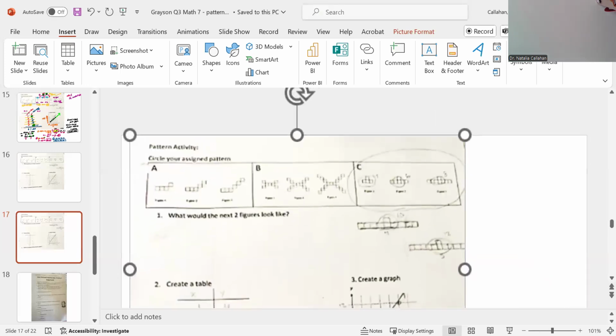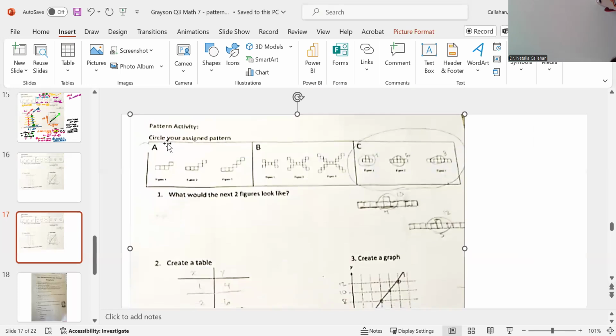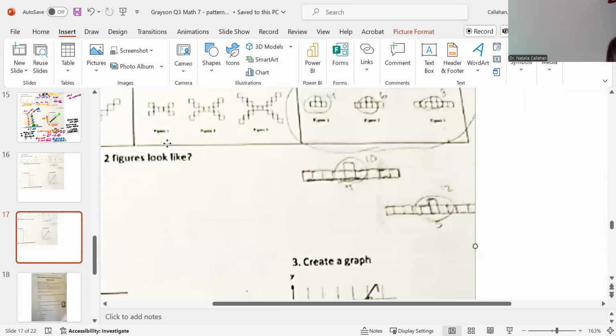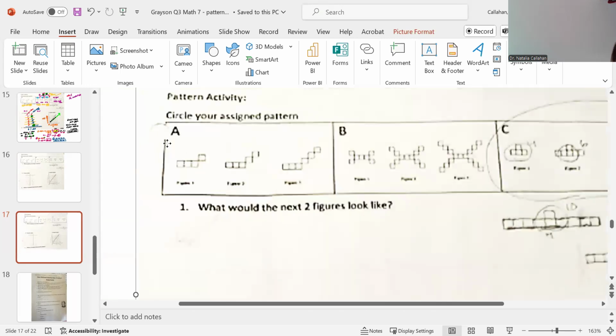All right, so then we're going to go ahead and move on to A. So this is the one. Remember when I told you you're going to do figure 1. So this will be n equals 1, n equals 2, n equals 3, fourth figure, fifth figure.